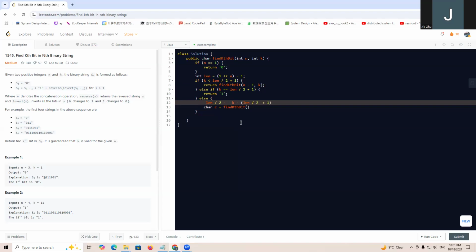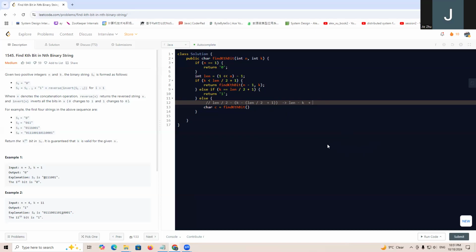So this one is actually length minus k, and with the other parenthesis that is length minus k minus 1.